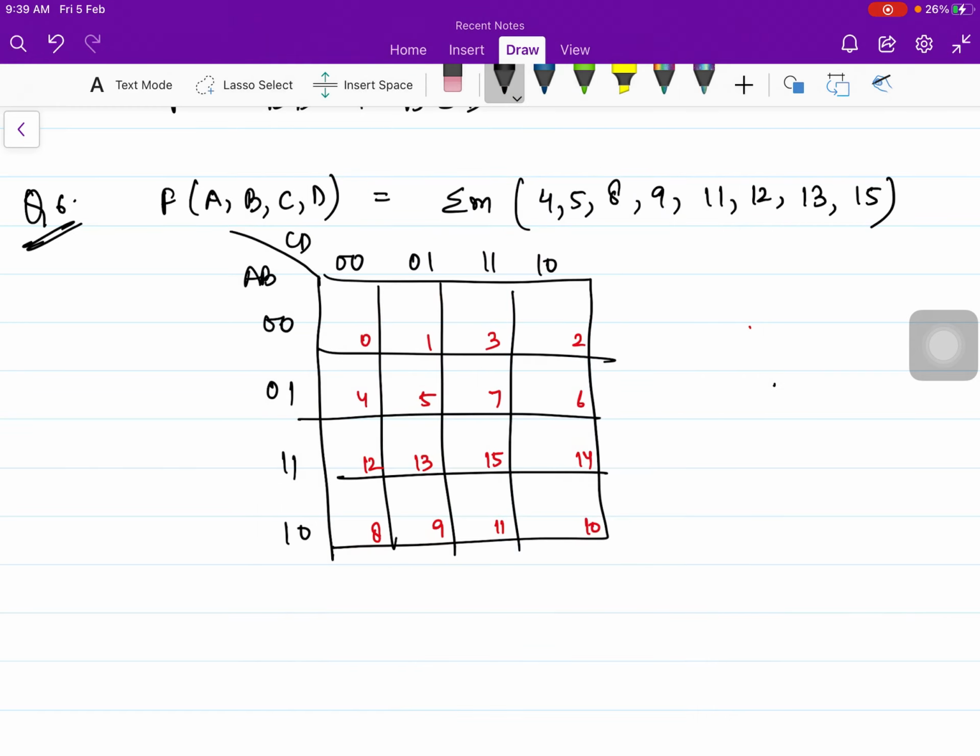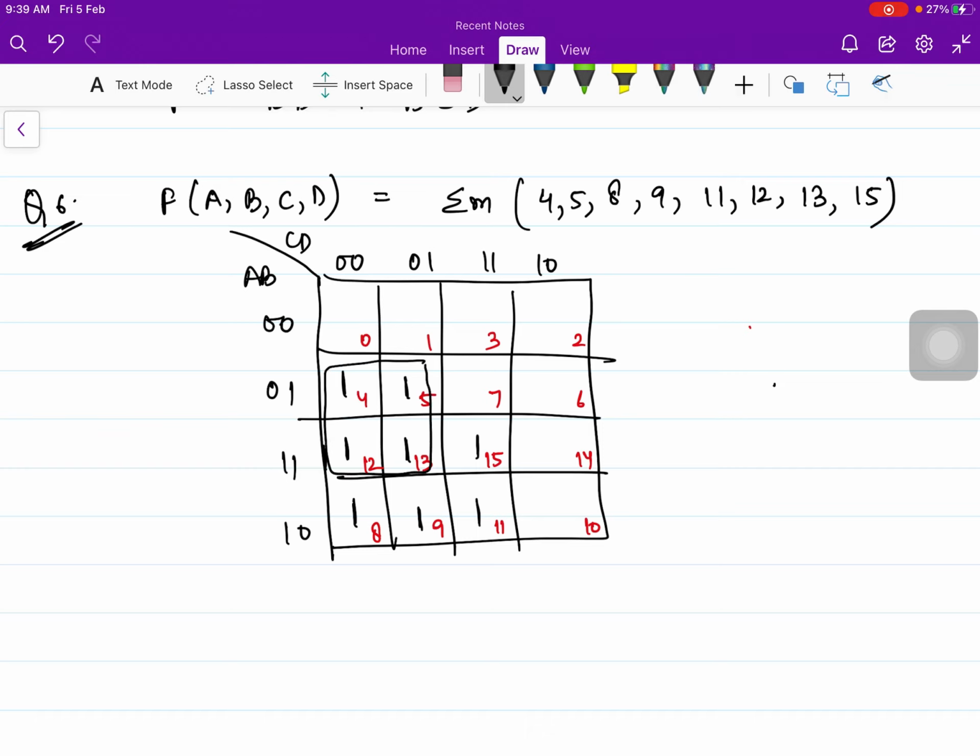Insert ones: that is 4, 5, 8 and 9, 11, 12, 13 and 15. Search for the biggest group. A group of 16, not possible. Group of 8, not possible. Group of 4, yes, it is possible.